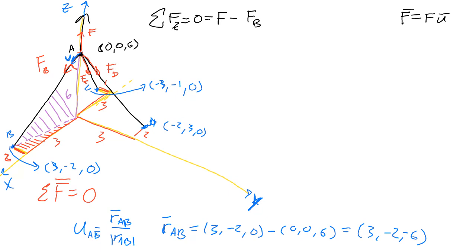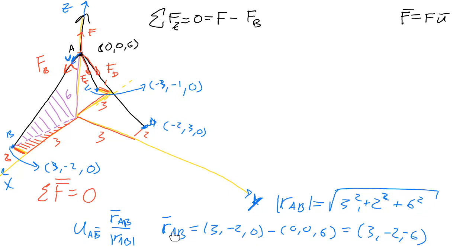So now we can find the magnitude of AB. The magnitude of r_AB is the square root of 3 squared plus 2 squared plus 6 squared, square root of all that.